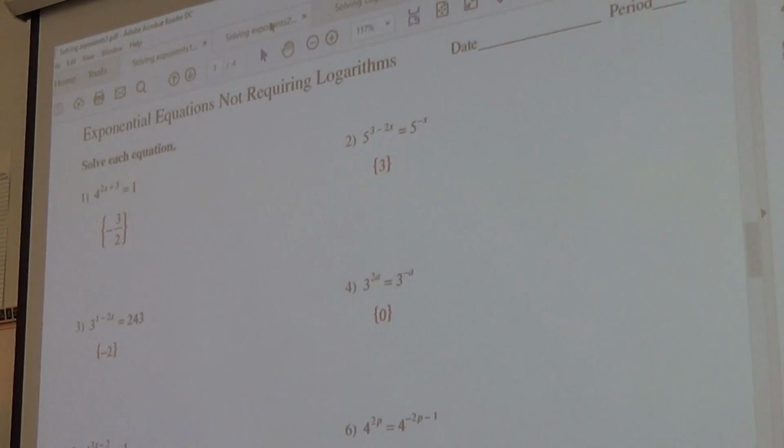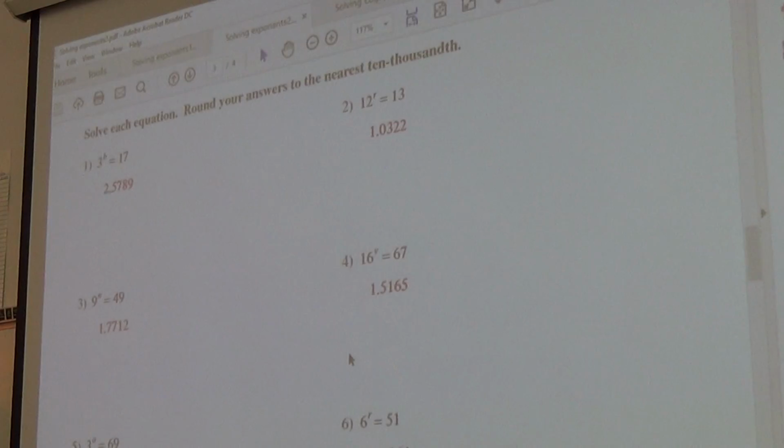Moving on to the other exponent. I don't care how they rounded, although they should have rounded 4 places, because that's what the worksheet told you.